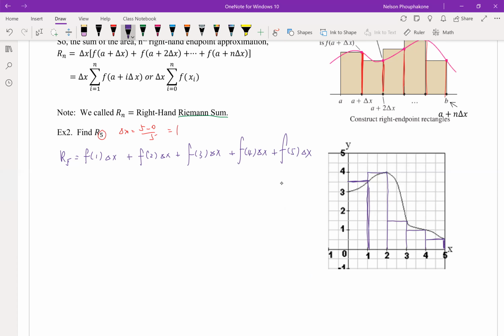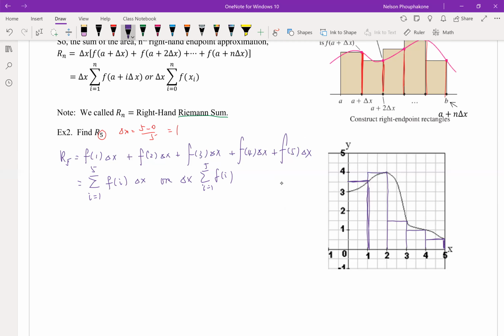Just like this. And if I want to write it in summation notation, I could have i from 1 to 5 of f of i delta x. Or remember, we could write it like delta x times the summation, right? That is it.